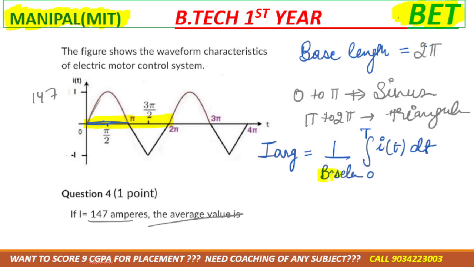Now the base length value, you know, is 2 pi, and now we need to calculate I of t, correct? Now you tell me how we can do it. Try it by yourself first, then I'll tell you.